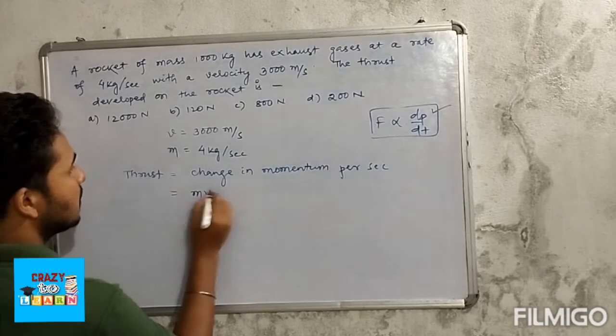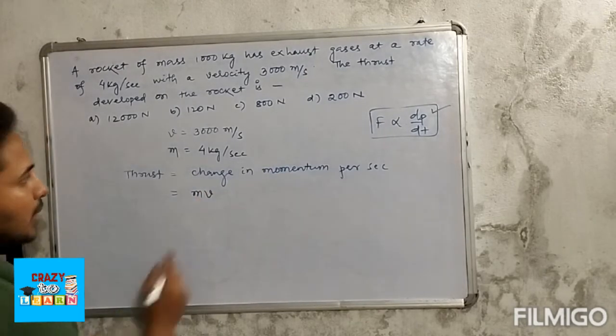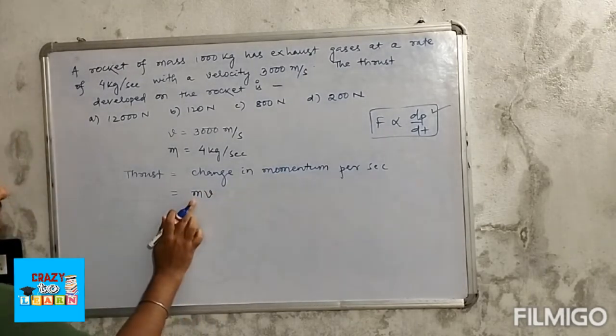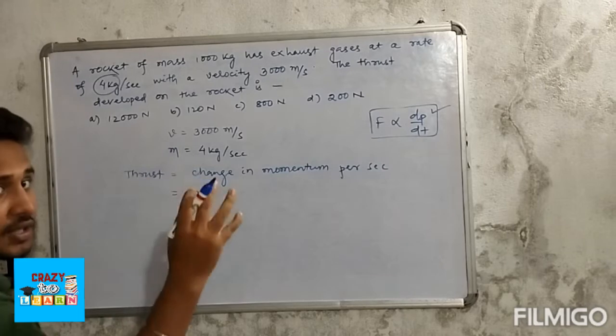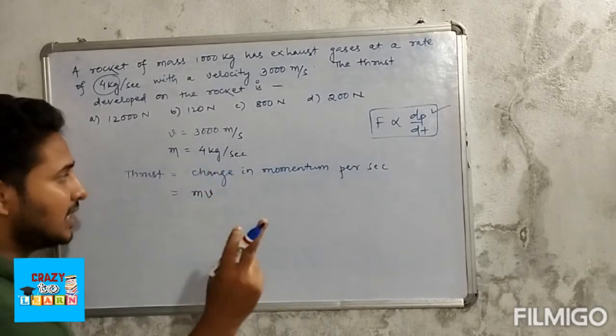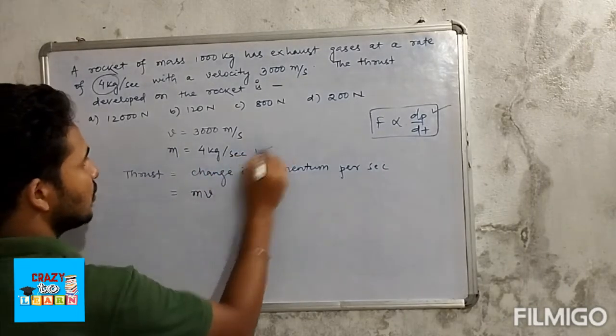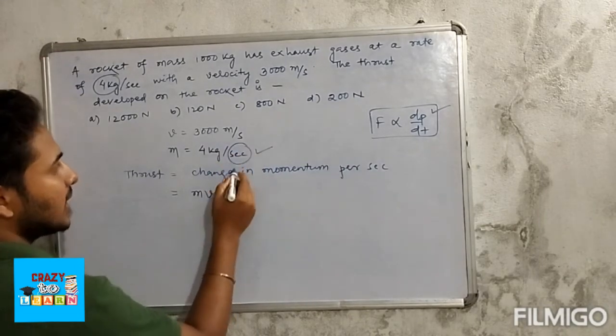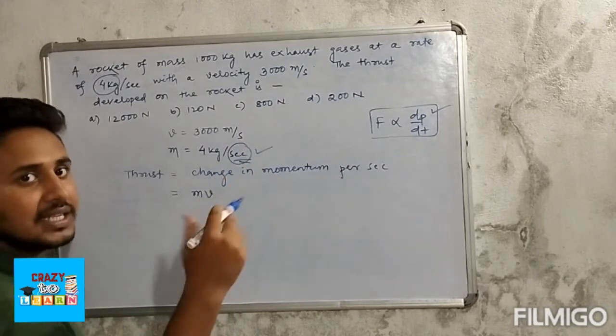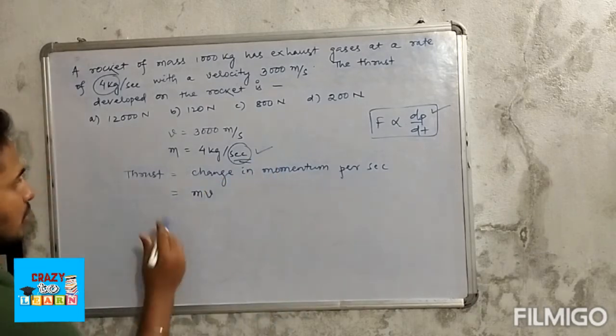So mass into velocity, the mass of gas. The mass of gas is given to you as 4 kg. It exhausts 4 kg of gas in 1 second. So mass is equal to 4 kg per second. In 1 second it exhausts 4 kg of gas.